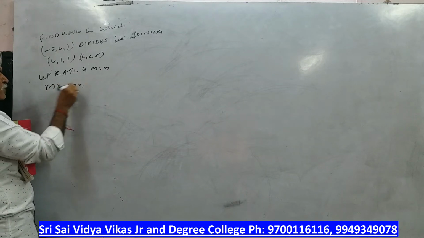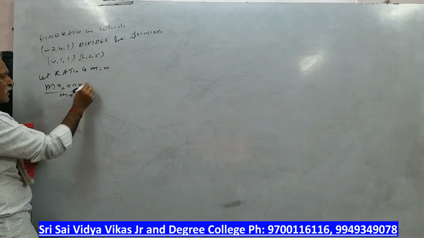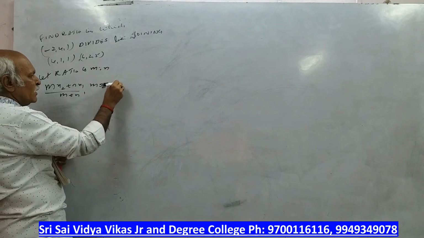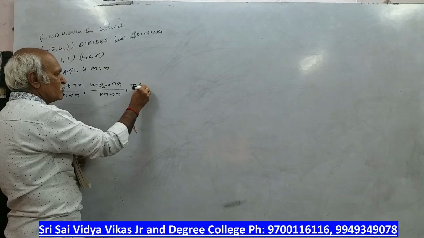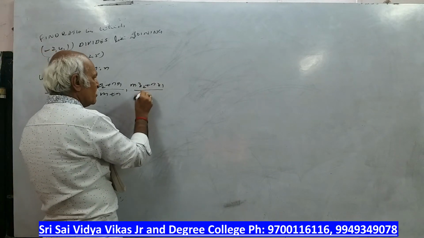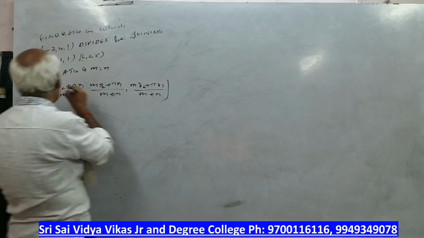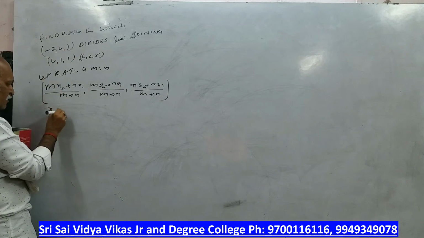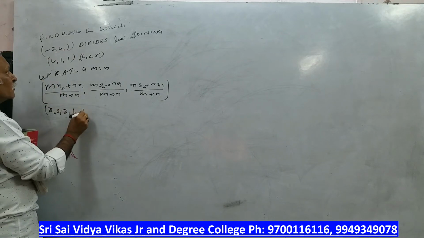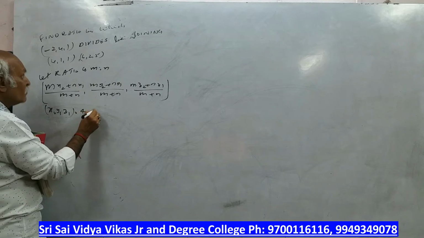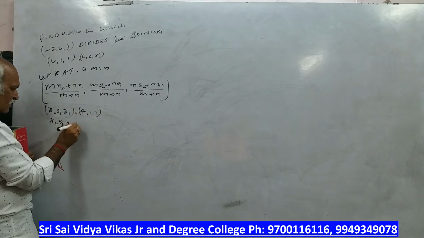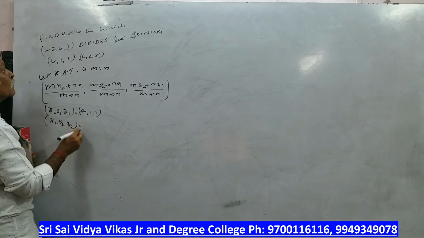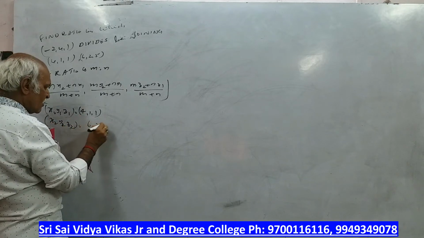(mx2 plus nx1) by (m plus n), (my2 plus ny1) by (m plus n), (mz2 plus nz1) by (m plus n). Here x1, y1, z1 is equal to 4 comma 1 comma 1. And what is x2, y2, z2? 6 comma 2 comma 5.